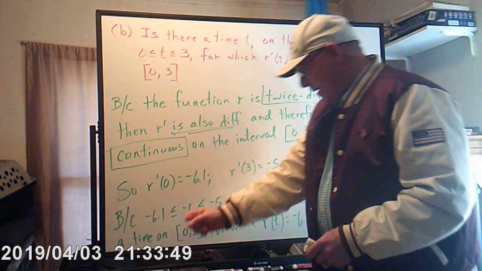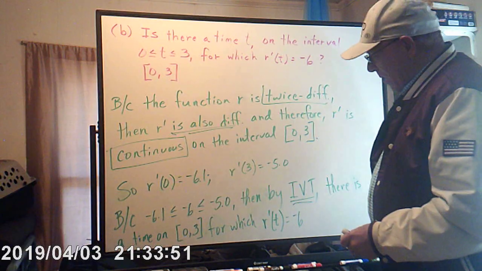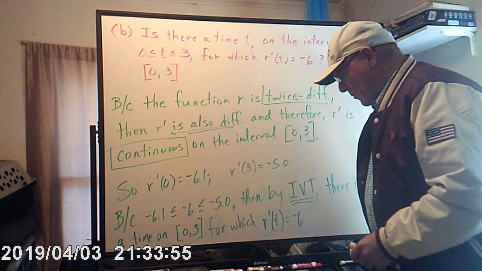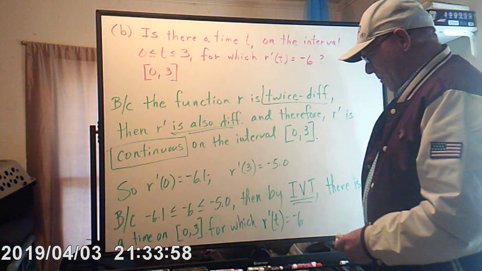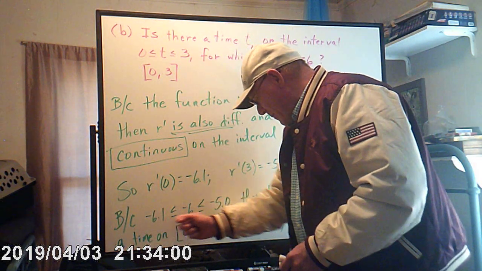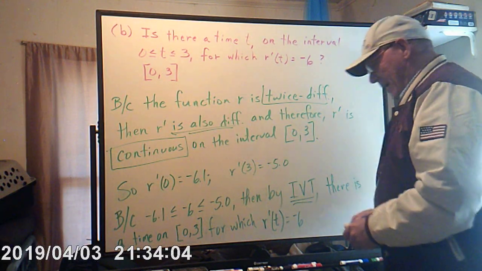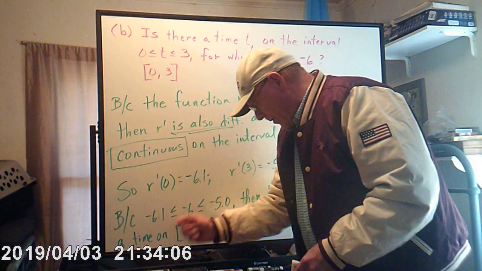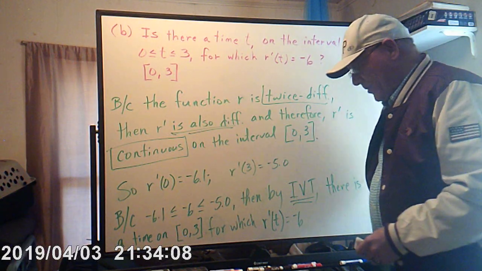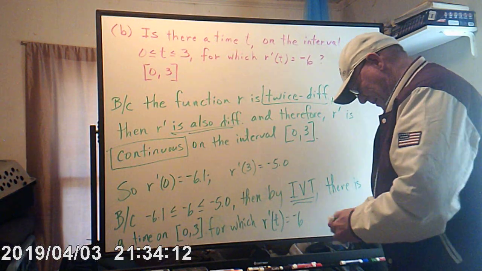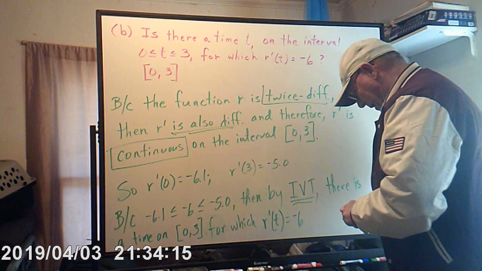So R prime at 0 is negative 6.1. R prime at 3 is negative 5.0. So because of that, by IVT, there is a time on this closed interval for which R prime at t is equal to negative 6.